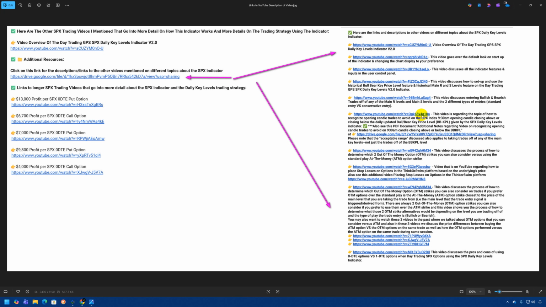Even though this video is focused primarily on the 9:30 a.m. opening candle, the same process applies as far as acceptable range to other entries, whether bullish or bearish, that you may want to consider on candle closes above or below any of the main key levels with this indicator.